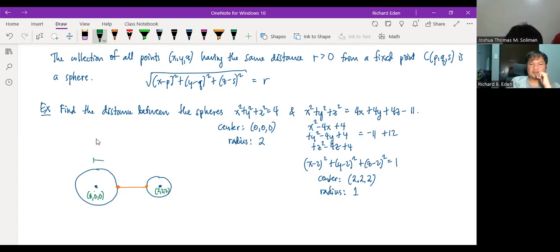So the distance between the centers is, what's the distance? 2 minus 0 squared, 2 squared, plus 2 minus 0 squared, 2 squared, plus the third dimension as well, so there are three terms. So what we get is 2 square root of 3.